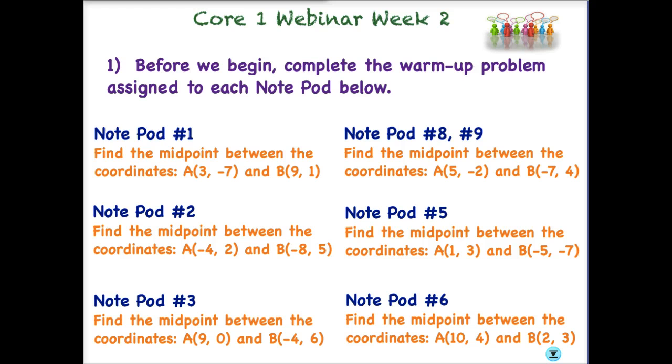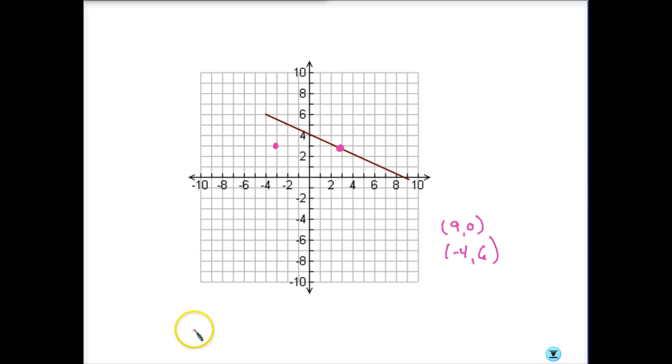And then just make sure that if you haven't already completed the problems where you find the endpoints, they're very similar, but that's where the formula comes into play, as well as being able to look at the line and say, hey, the endpoint I got, is that here or is it somewhere else? So just make sure that you understand the formula, right? It's the average of your x's.